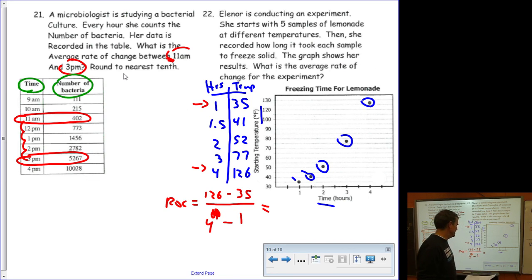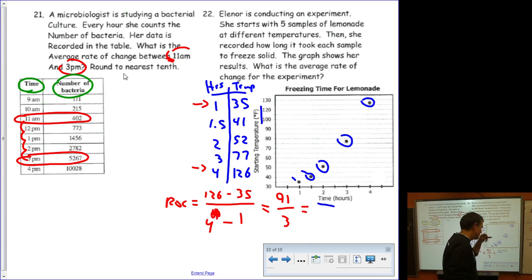And for that, I got 126 minus 35 is 91 over 4 minus 1 is 3. And then I divided that and got 30.3 repeating.